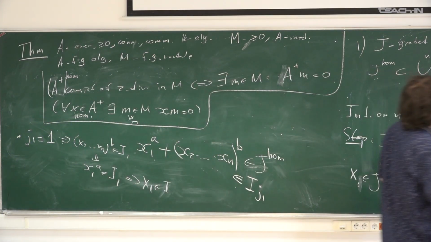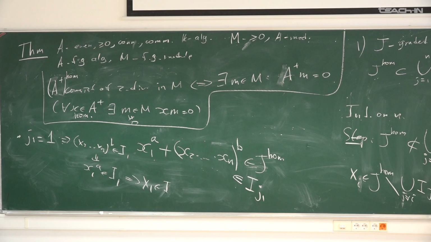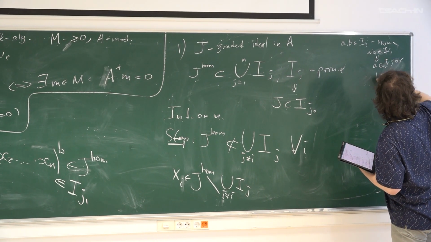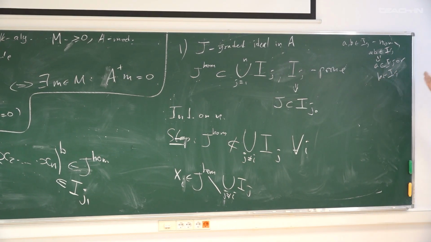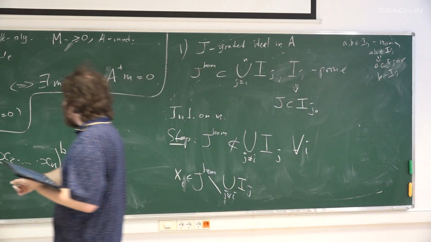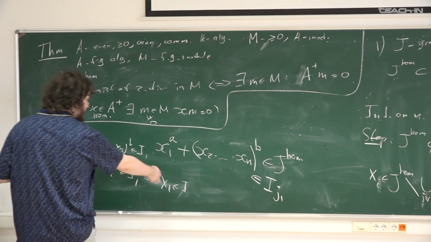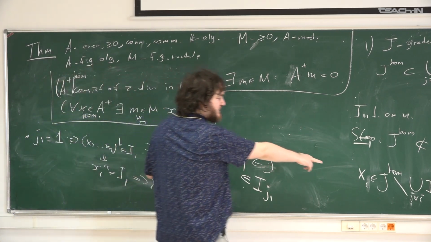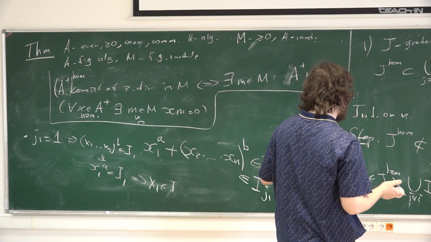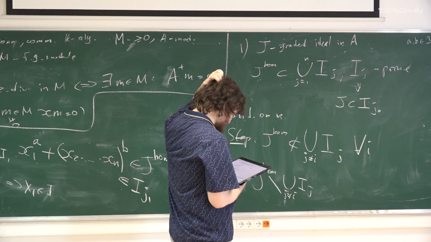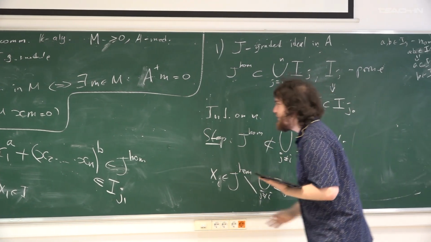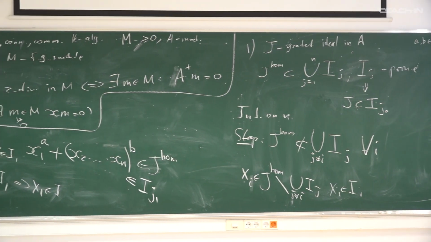Sorry, this is the definition of a prime ideal. It was in the quotient. So it's some power in I. So this is a contradiction, because I chose x_1 not in I_1. Okay, let's assume that it's not 1.